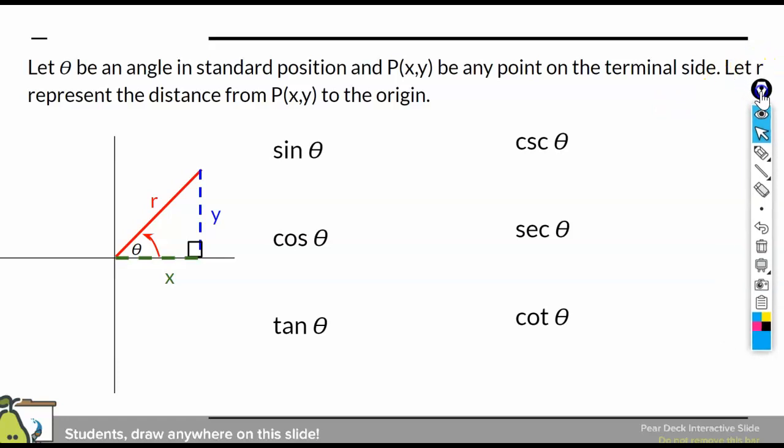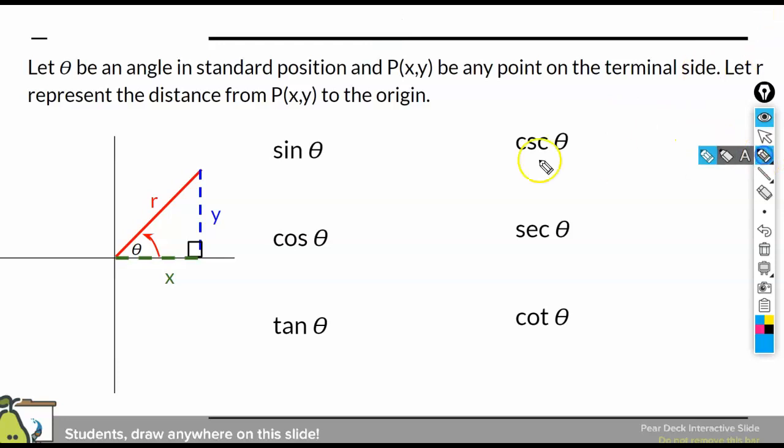So let theta be an angle in standard position and point (x, y) be any point on the terminal side. Let r represent the distance from the point (x, y) to the origin.